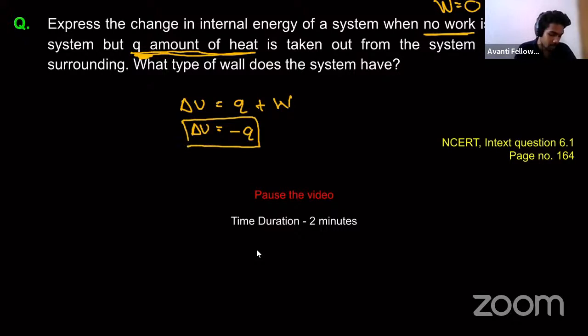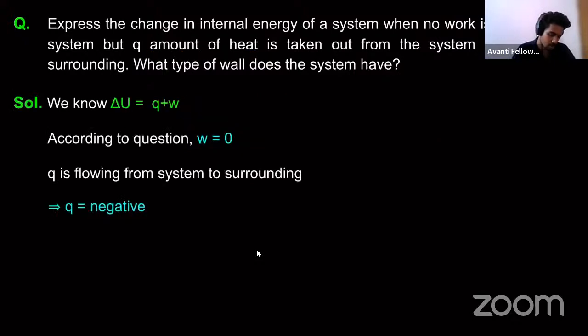Now, what is it asking? What type of wall does the system have? Heat is being exchanged. Is it an open system or a closed system? It doesn't say matter is exchanging, right? Only heat is being exchanged and there is no work done. Based on what is given in the question, see, you can note the answer once again.